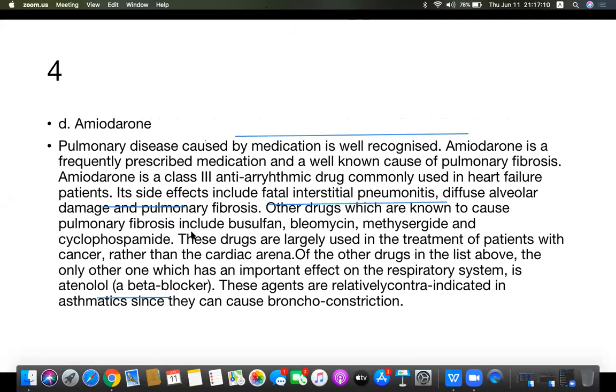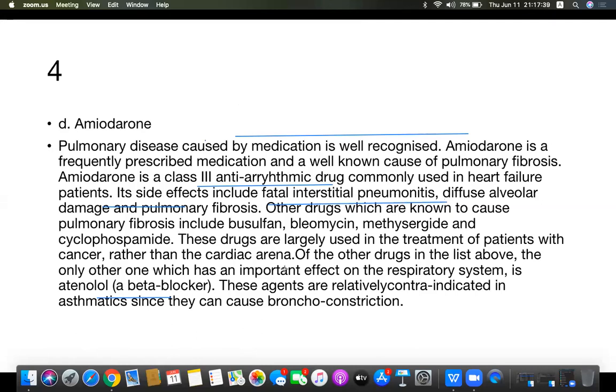Amiodarone is one of the important drugs which cause pulmonary fibrosis. Amiodarone belongs to the class 3 antiarrhythmic drugs. Never forget this very important point. It is usually used to treat arrhythmia, but one of the important side effects is interstitial pneumonitis, and after that, pulmonary fibrosis.